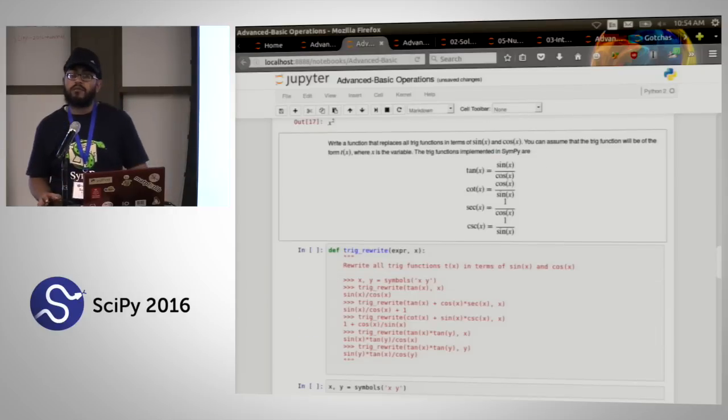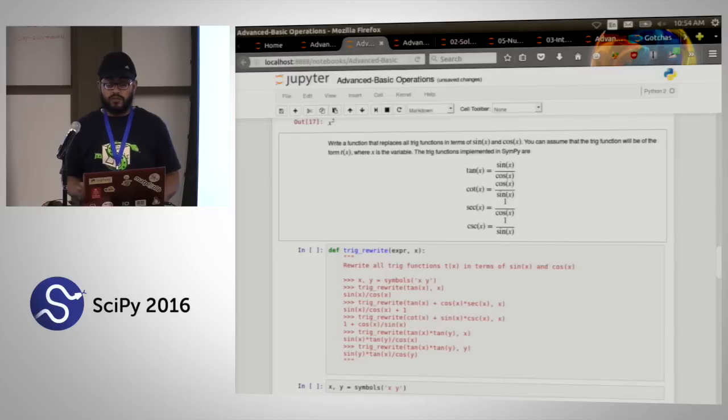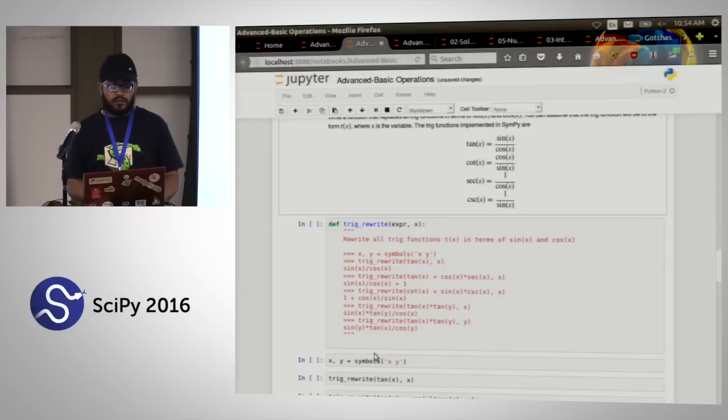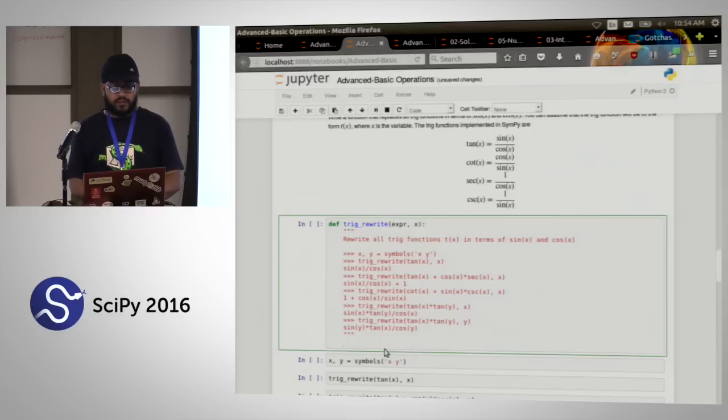In SymPy, you can also substitute functions with other functions, or in short, expressions with other expressions. So try this little exercise and try to rewrite the trigonometry terms.